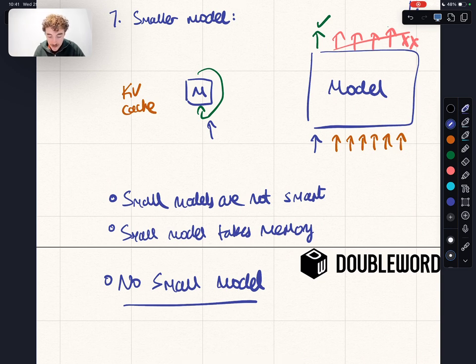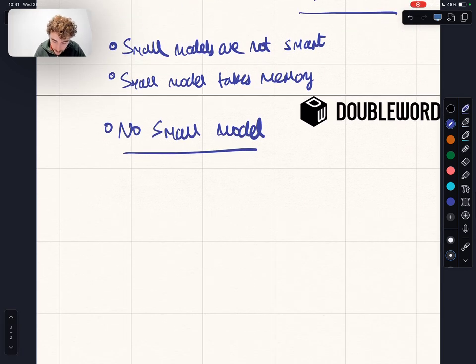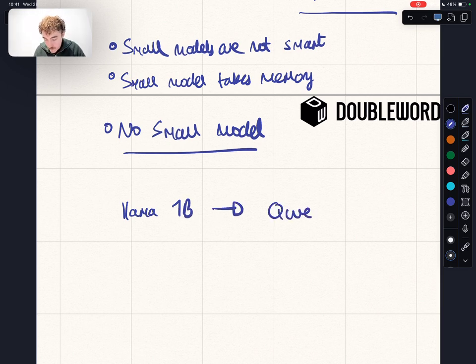One key fact is that the small model and the big model have to share a tokenizer. So what you can't do is use something like the Llama 1B to speculatively decode for the Qwen 235B model, because they don't share a tokenizer.